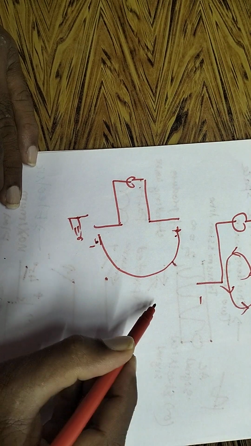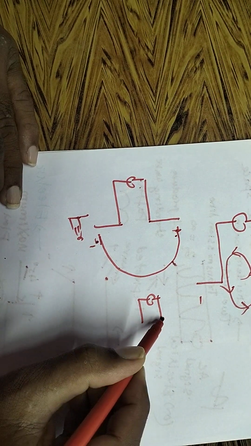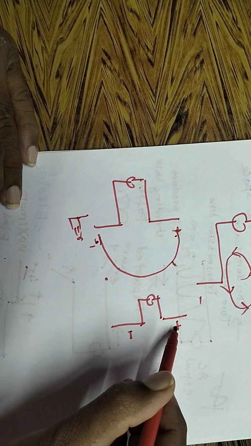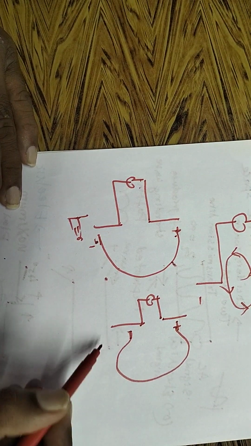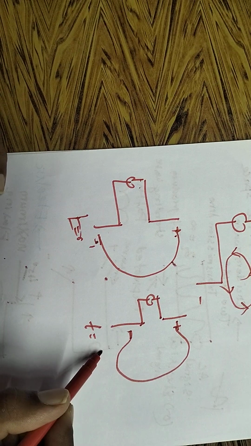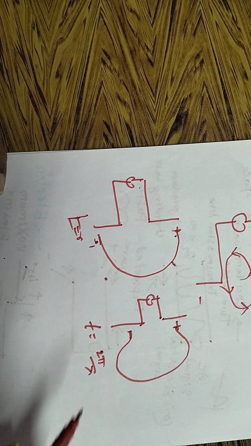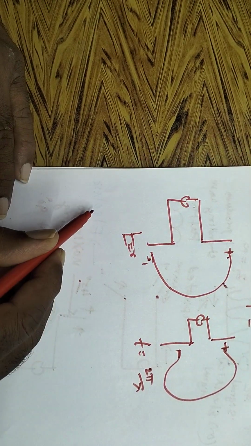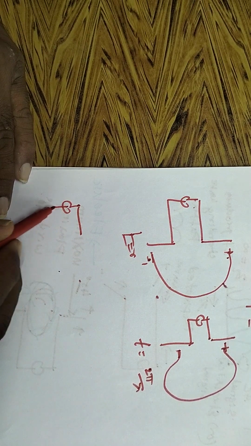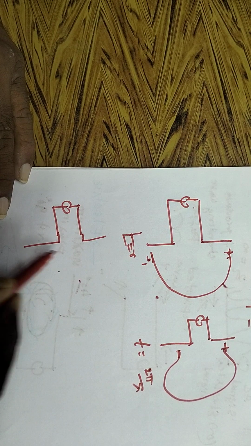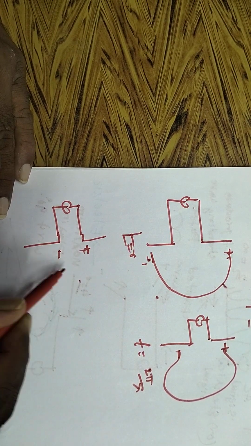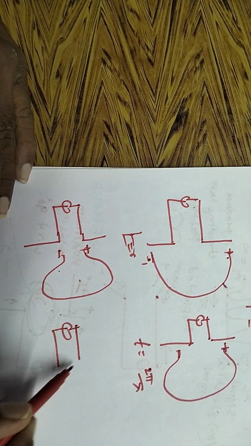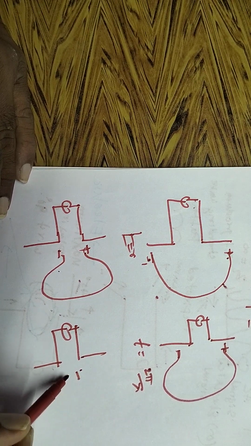At a certain time, in a similar way, positive will travel here, negative will travel here, like this. Then at a certain time, positive will occur here, negative will occur here, like this, and finally negative here, positive here.